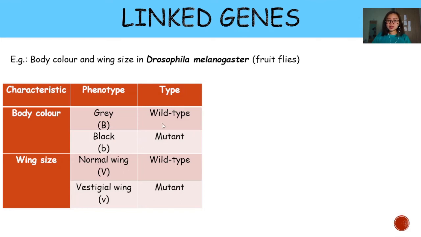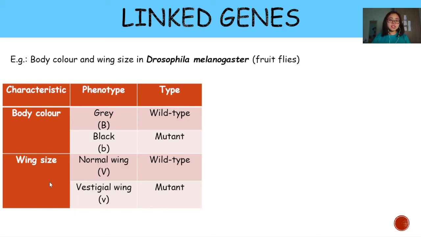Di sini kita tulis dia sebagai gray is wild type and small b, black is mutant. Biasanya yang wild type adalah yang dominant dan biasa dilihat di alam sekitar, in nature, dalam alam semula jadi. And mutant is usually the recessive and we see it very rare in nature.